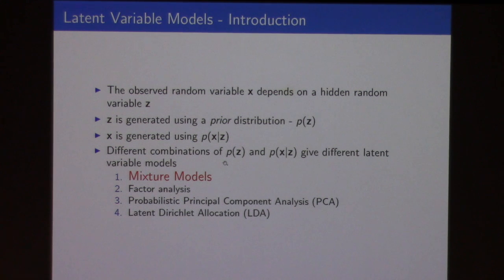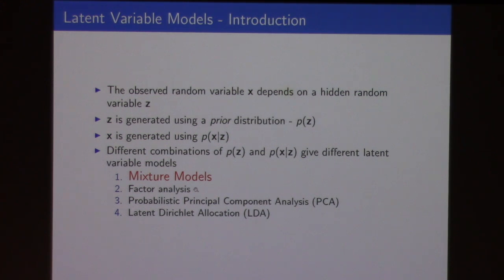So for instance, if I assume that Z can take 1 out of k values, let's say I assume that the example that I showed earlier. So Z takes 1 out of 4 values. If we assume that, then this latent variable model is called a mixture model. Okay? If we assume that Z can take any value, a numerical value, then that model becomes what we call factor analysis model.